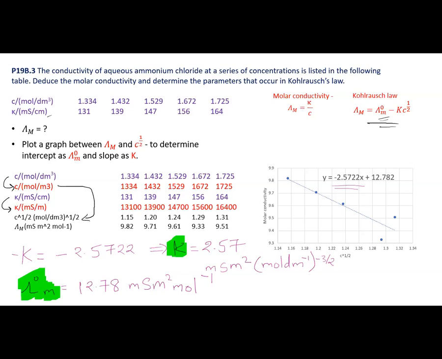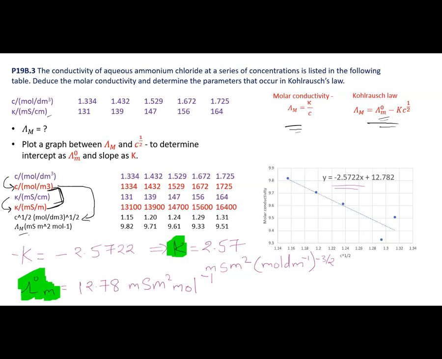From the kappa value and the concentration value, I calculated the molar conductivity based on this equation. I used the spreadsheet formula to calculate that real quick. So that's the molar conductivity at each of these concentrations.